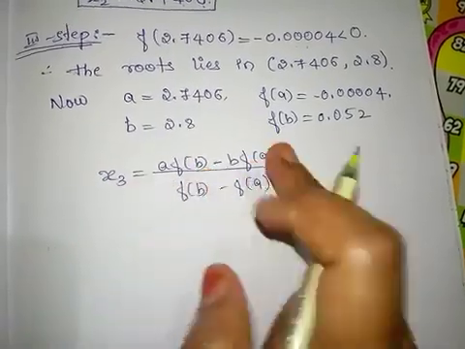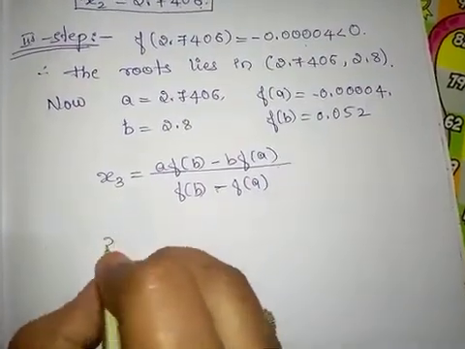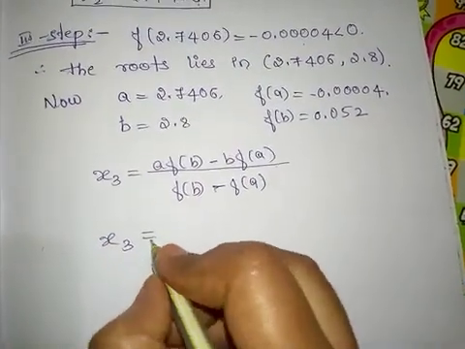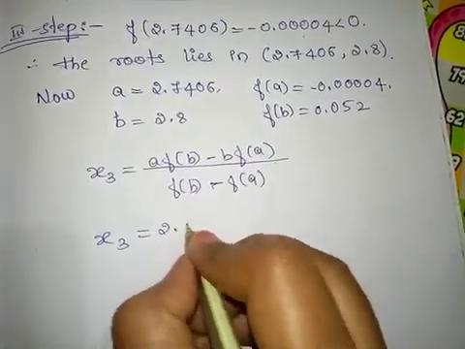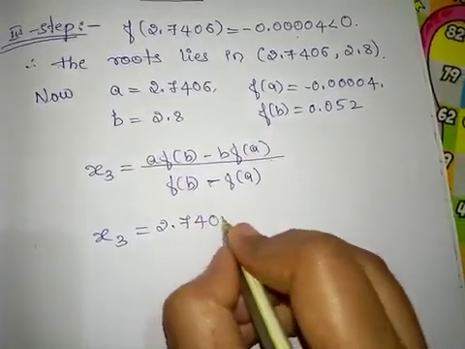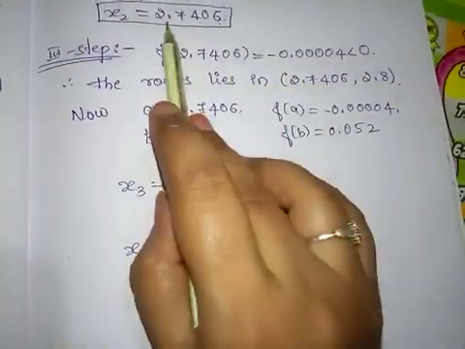Substitute f of a, f of b and b into f of a, and calculate. You will get x3 as 2.740646.